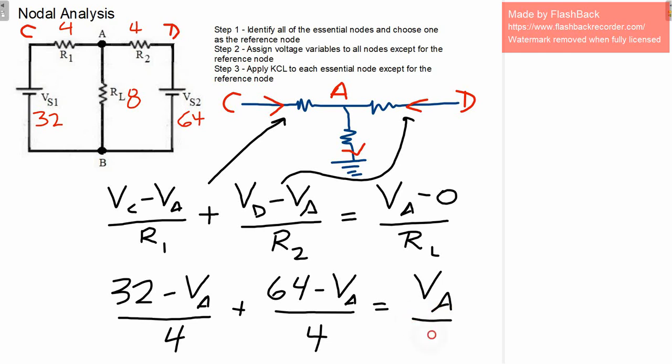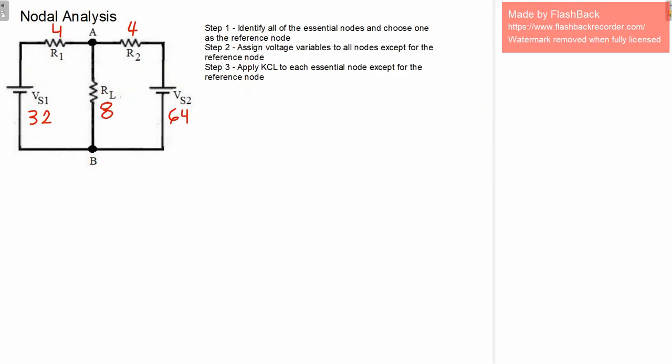Over on the right-hand side, we have VA over the load, which is 8 ohms. So there, we have a rational equation which has one variable, and we need to solve for that variable VA in order to solve this problem.